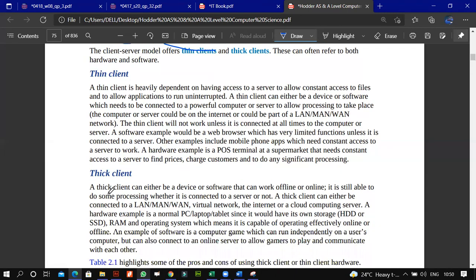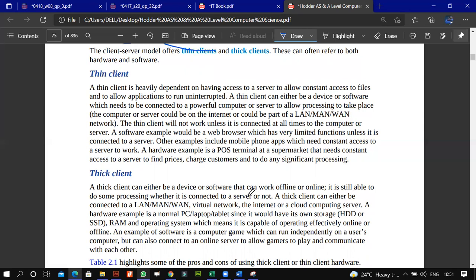A thick client can be either a device or software that can work offline or online, which means it will have sufficient hard drive of its own, sufficient RAM of its own, and its own operating system that can run and work independently, as compared to a thin client, which is dependent upon the server.